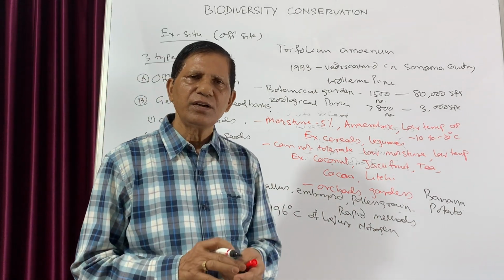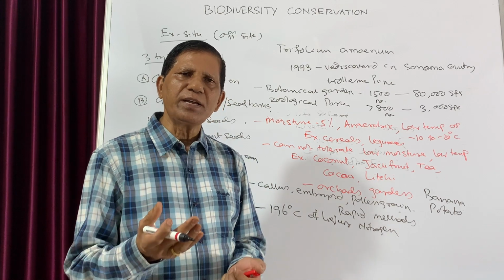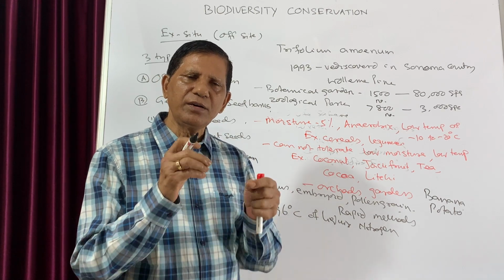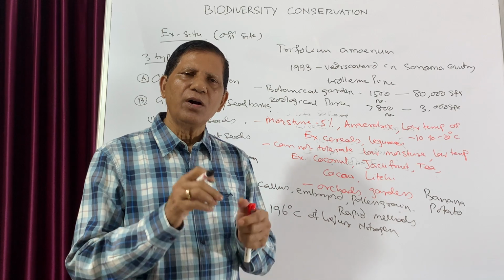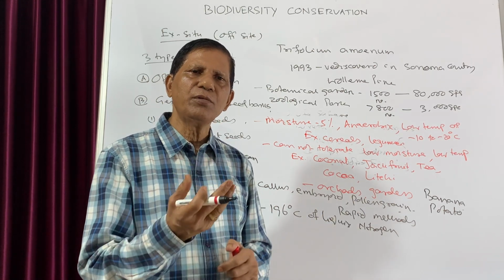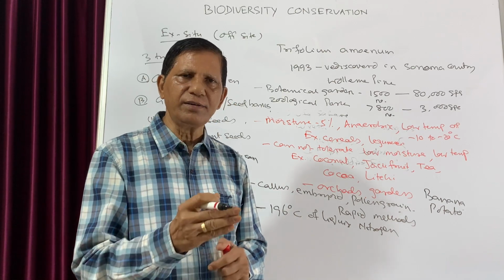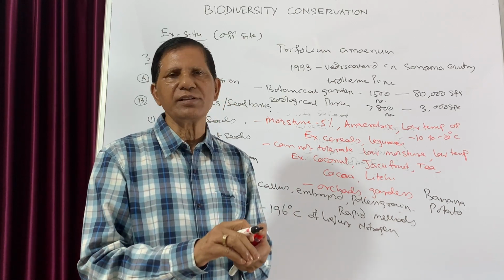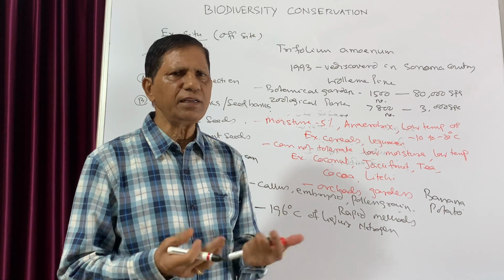And nowadays, even human beings preserve their ovum or sperms by cryopreservation, so that whenever they want, it can be fertilized and they can get a baby. That is the latest one.